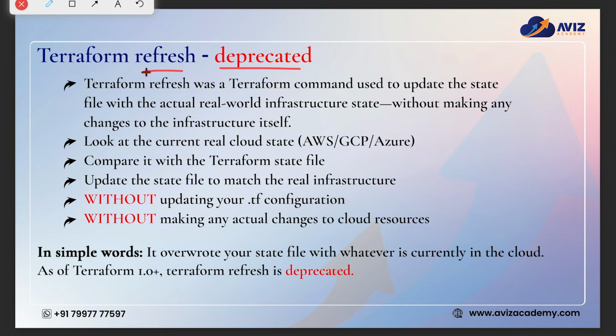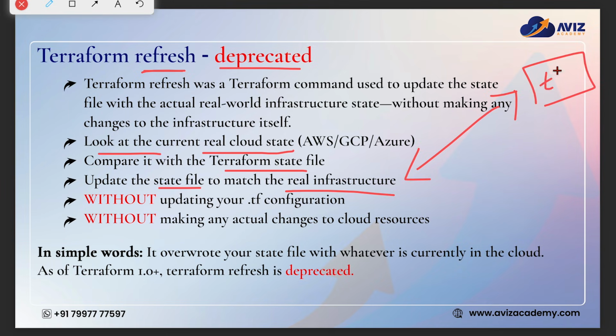Whenever we are refreshing, it looks at the current real cloud state, compares it with the Terraform state file, and updates the state file to match the real infrastructure. It always looks: in AWS, is the instance running with T3 medium, is the same value mentioned in the state file? Then okay. If it is not, then it is going to just change this to T3 medium.